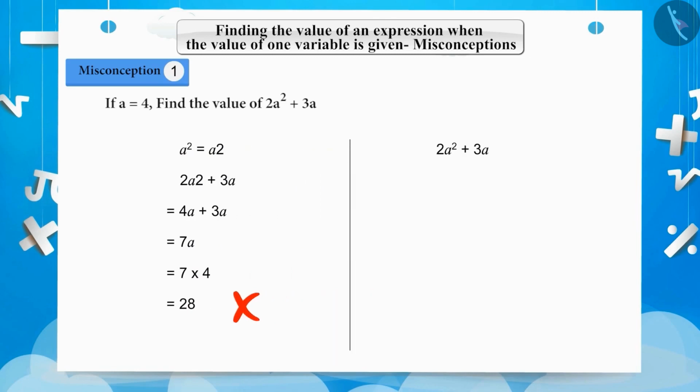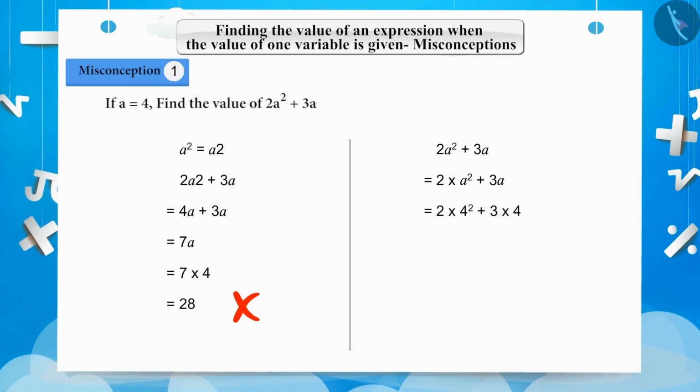2a square plus 3a means 2 times a square plus 3a. Now we will replace a with 4. 2 multiplied by 4 square plus 3 multiplied by 4.